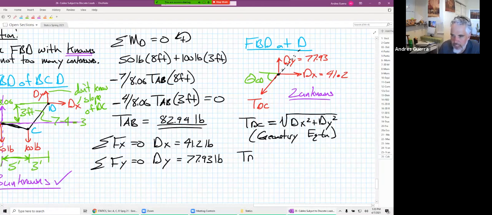So we can solve that TDC. We don't even know the geometry yet, and actually this is easier than doing equilibrium, because in equilibrium we would have an unknown theta in that equation. Well, TDC for this problem is going to be 88.15 pounds.